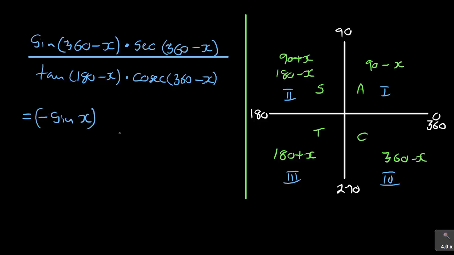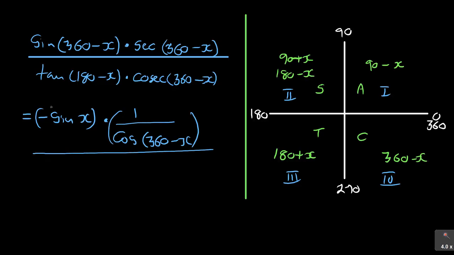Put that in brackets, it's very important, times sec(360 minus x), which is also 1 over cos(360 minus x). You leave it like that for now and come back to it, all over tan(180 minus x).